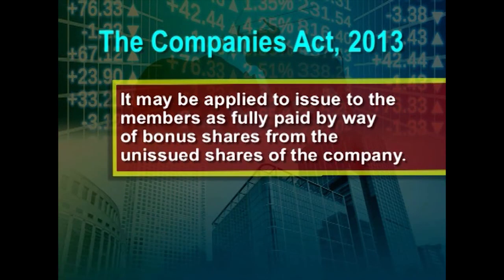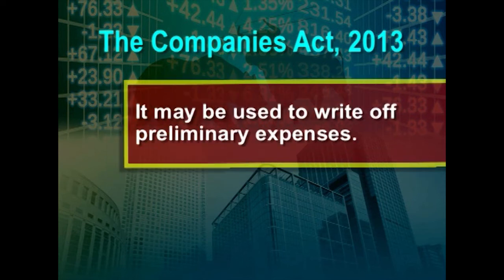Liberty is, however, given to use the fund in the following ways. It may be applied to issue to the members as fully paid by way of bonus shares from the unissued shares of the company. It may be used to write off preliminary expenses.